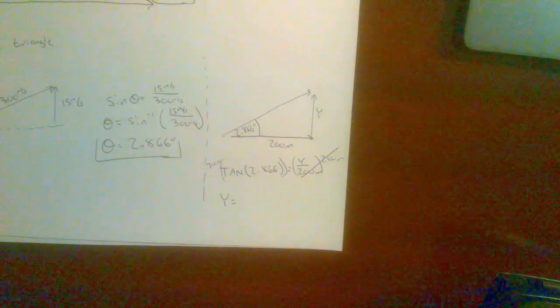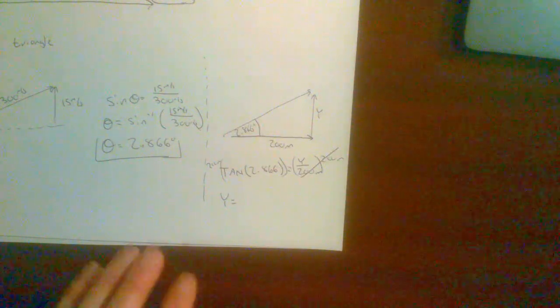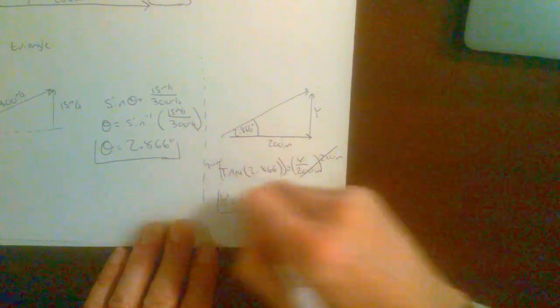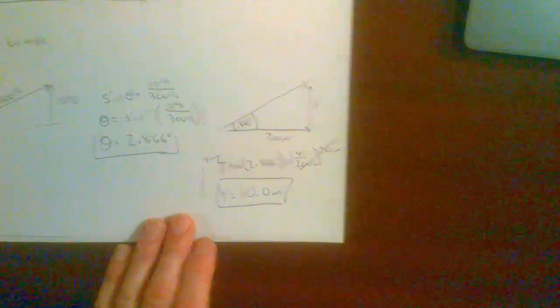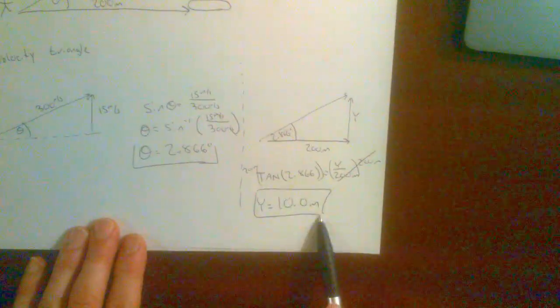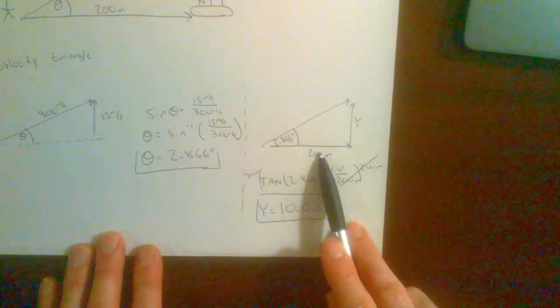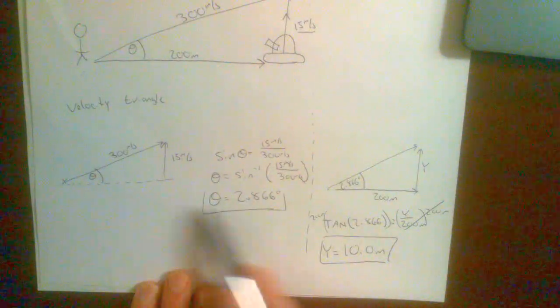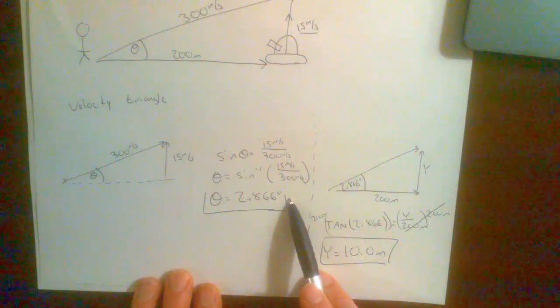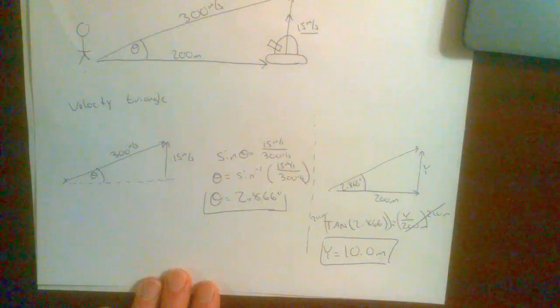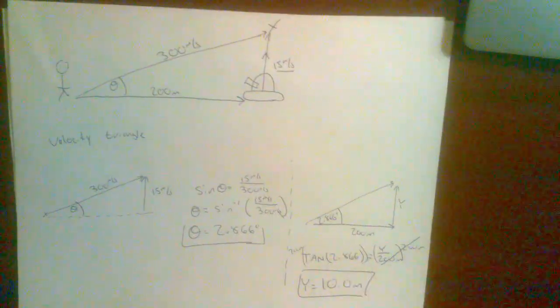That comes out to 10.01. I'm just going to call it 10.0 meters. So what that means is the tank will travel, this is part A, this is part B. The tank will travel 10 meters if Dr. J is 200 meters apart and he is aiming at that 2.866 degree angle, shooting bullets at 300 meters per second. Hopefully this made a little bit of sense.